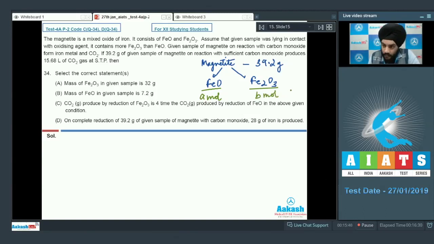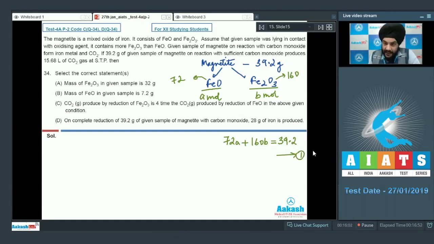So we can have equations now. The molar mass of FeO is equal to 72, whereas the molar mass of Fe2O3 is equal to 112 plus 48, which gives us a value of 160. So we have 72 into A plus 160 into B equal to 39.2. So this is the first expression.